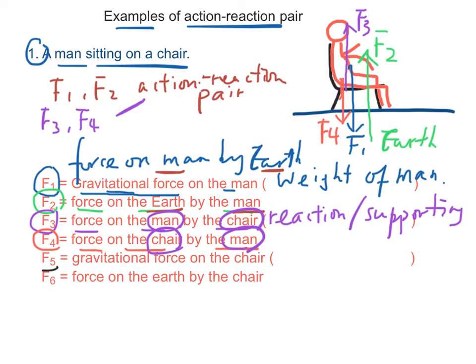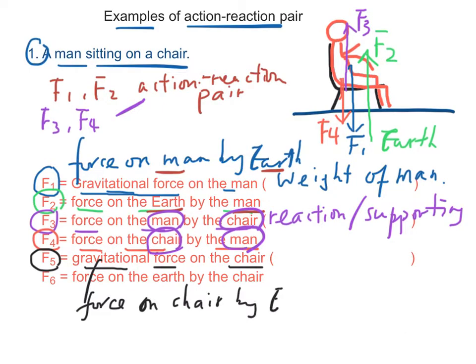Next, we have F5, which is the gravitational force acting on the chair, or we say it's a force on the chair by the earth. We often say this is the weight of the chair.